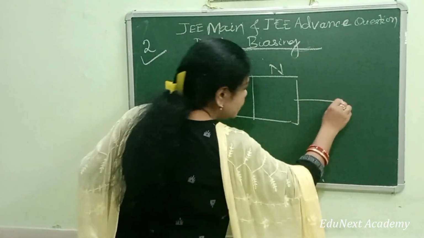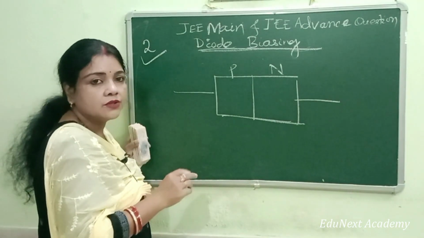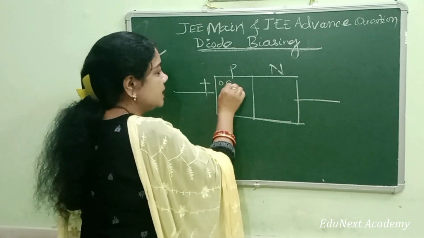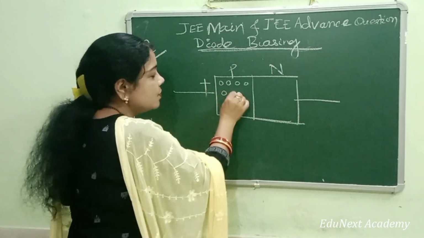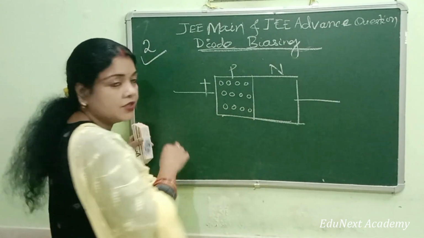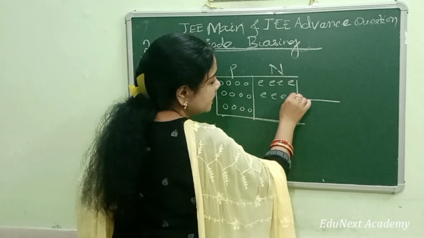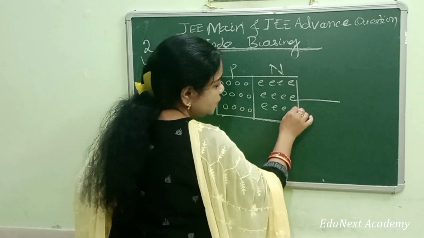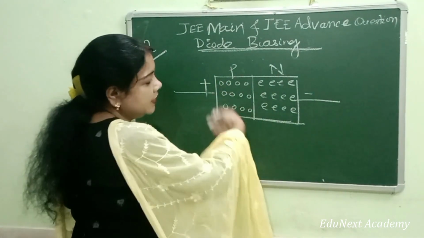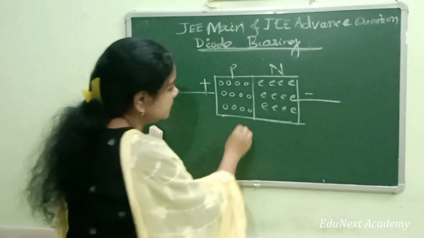When I join them by some technology, they form a single material known as a diode. Here P is for positive, and holes are the majority charge carrier. Holes mean deficiency of electrons, and holes are positively charged carriers. In the N side, electrons are the majority charge carrier, and these are negative in nature. When they combine together, they form a single material known as a diode.